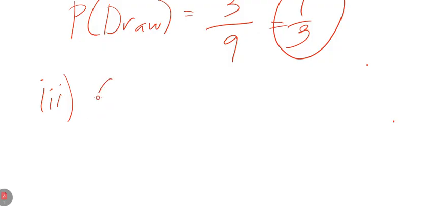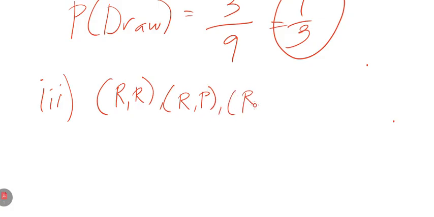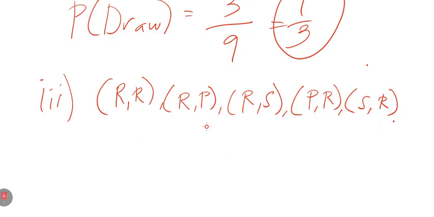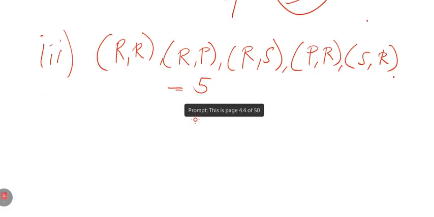We have rock and rock, rock and paper, rock and scissors, paper and rock, and the last one, scissors and rock. That is a total of 5.